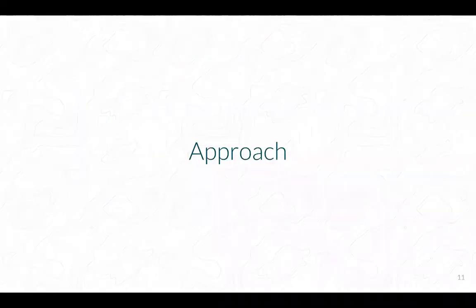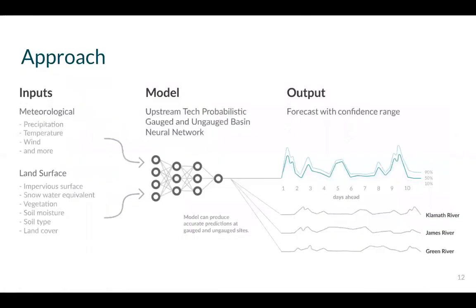So I'm going to describe some ways that we here at Upstream Tech have been tackling this problem. First, a little bit about how we go about our modeling approach at a high level. Similar to that diagram you saw earlier, where we have inputs on the left, outputs on the right, and the model in the middle. Our inputs are the standard meteorological weather inputs that go into almost every hydrology model.